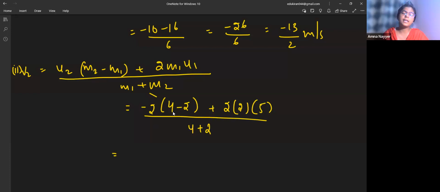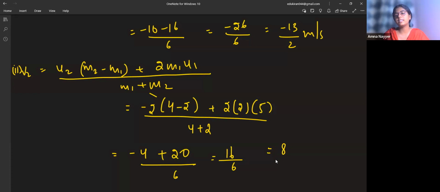So this becomes minus 2 into 2, minus 4, plus 20, divided by 6. That is 20 minus 4 by 6, which is 16 by 6. So this becomes 8 by 3 meter per second. Positive? It would be positive.